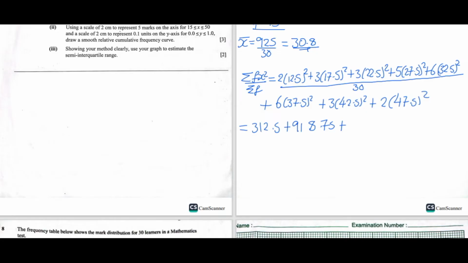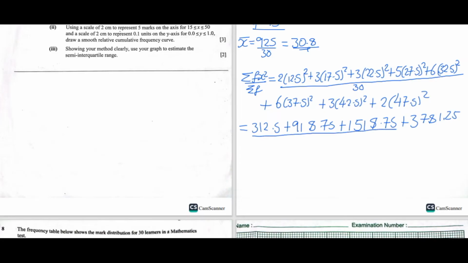So 22.5 squared times 3, I'm getting 1,518.75, plus we move on to 5 times 27.5 squared. I'm getting 3,781.25.